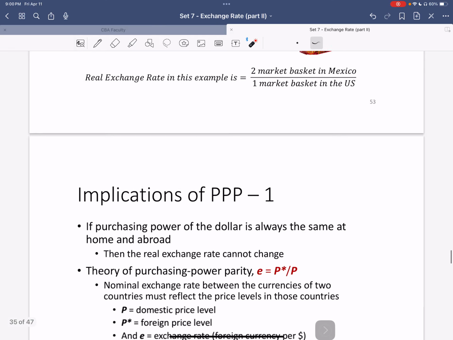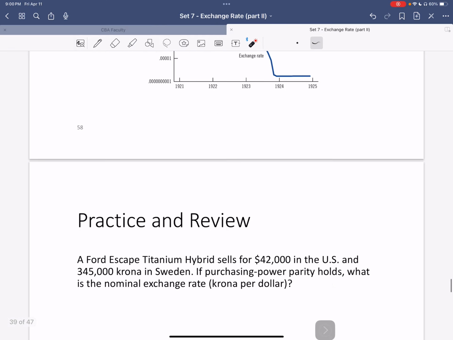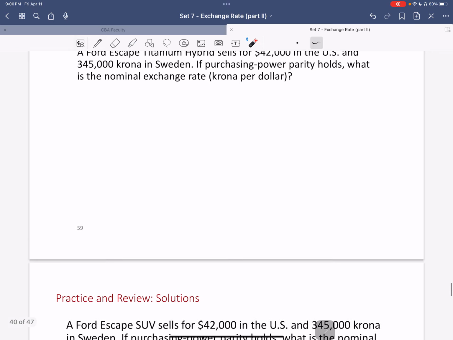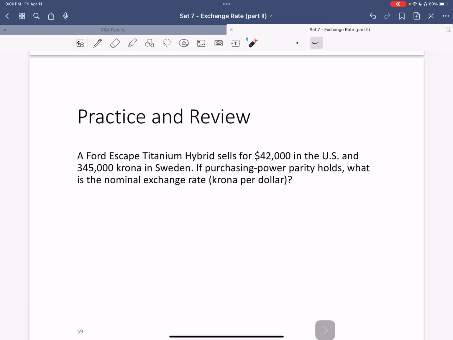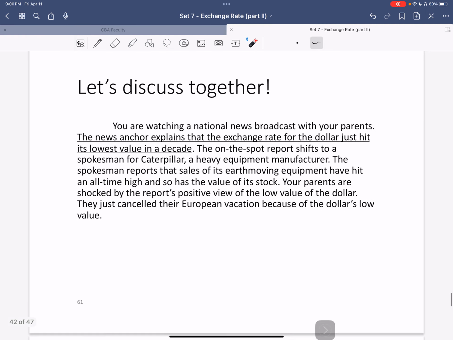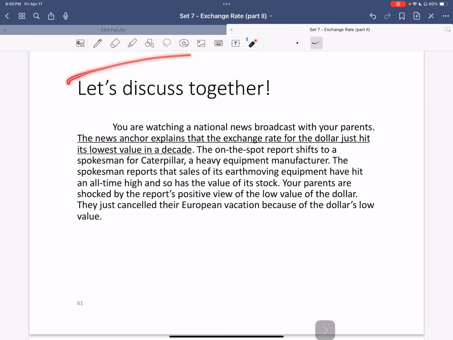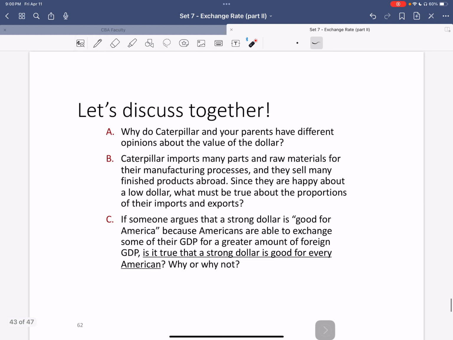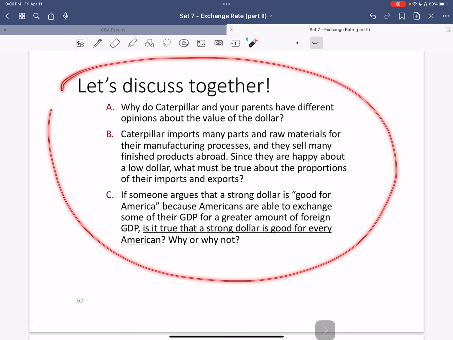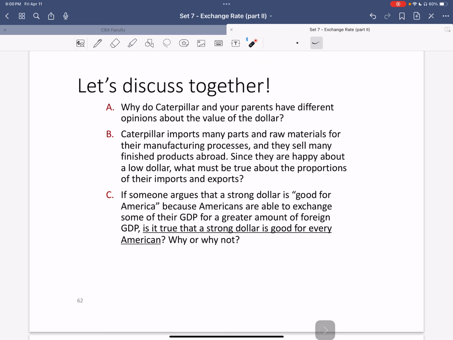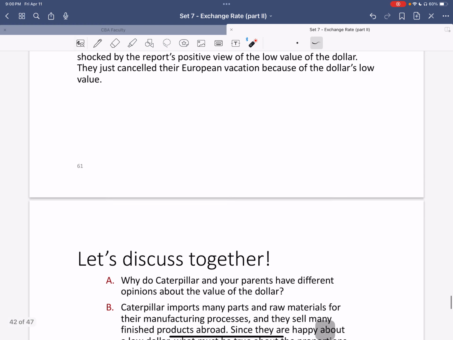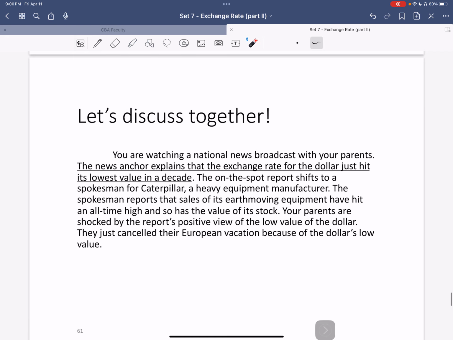But let's talk about this last example. There's also one more practice and review question at the end of the slides. Next session on Monday, let's work on this discussion question together. This will help us review the topic, practice, and learn together in the class.